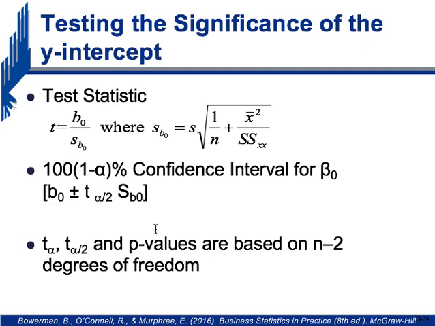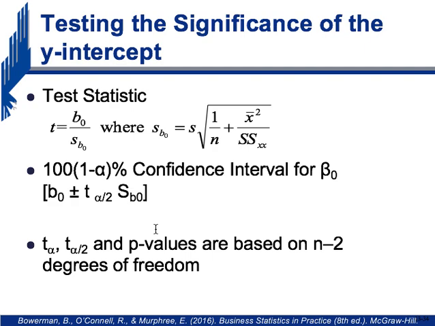The rejection rules are very similar to the rejection rules for testing the significance of the slope, where the t-scores and the p-values are based on n minus 2 degrees of freedom.